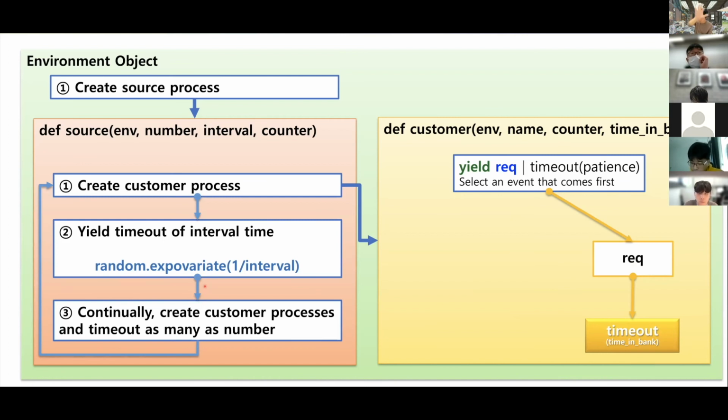Simply, the outermost boundary is the environment object, and inside of the environment object, this example contains two functions. So it's not so complex, and I think all of you may understand the details of the code and the progress of the flow of the simulation.